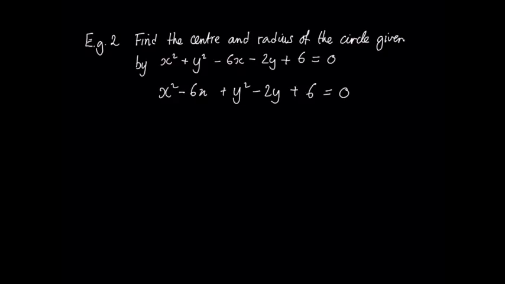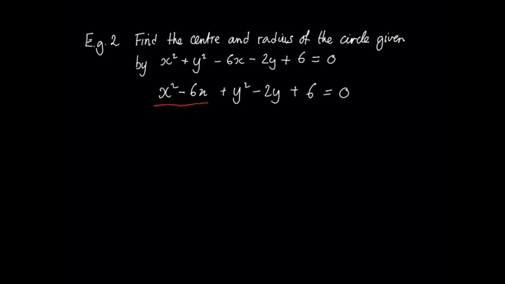Now I get it. In the previous example, we had (x minus a) all squared plus (y minus b) all squared is equal to r squared. So what do you think would happen if we were to complete the square on the terms in x and y? Shall we give that a try? Let's have a look. We'll deal with the x terms first.